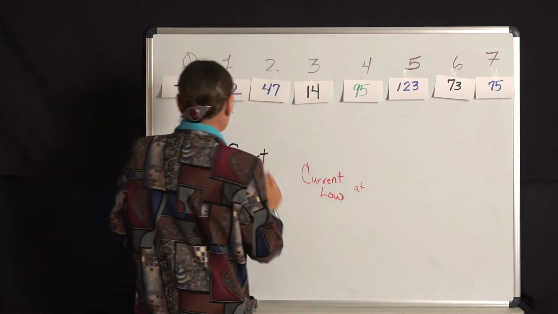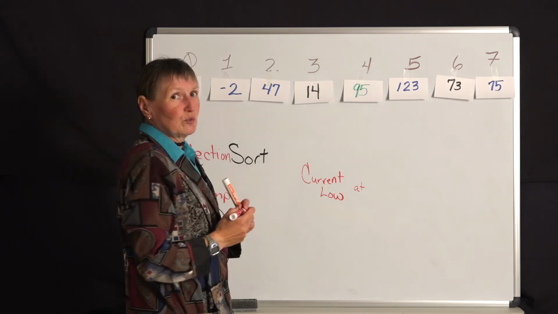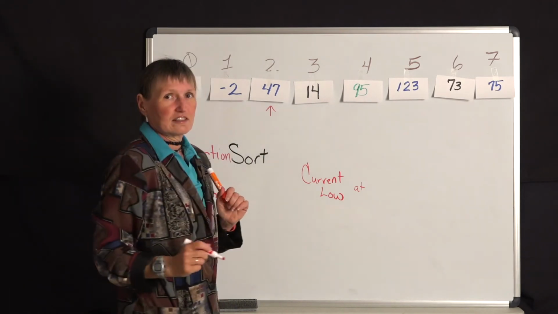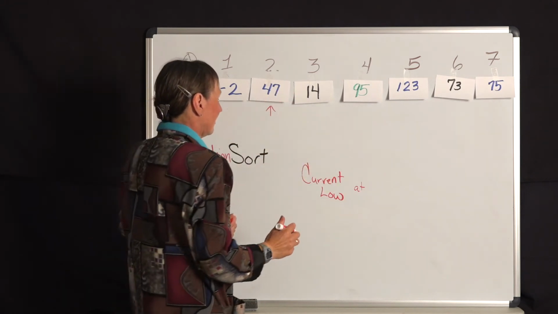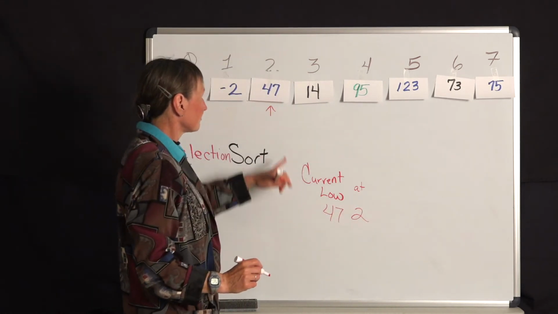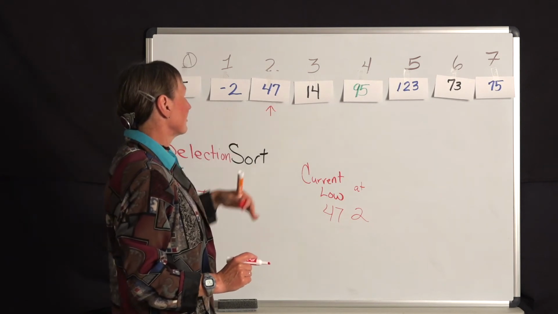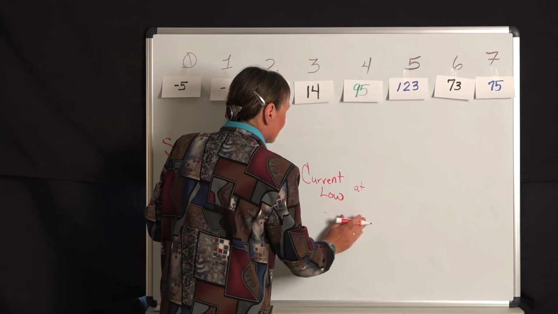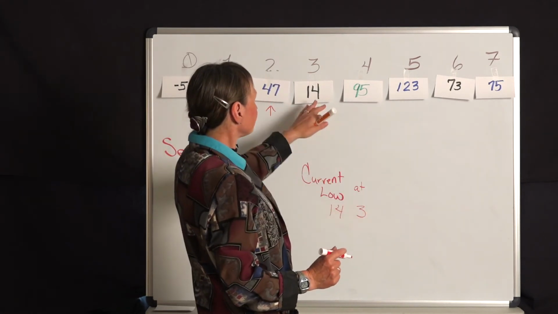And then, instead of starting here, we start here. So we're now going to say, okay, we have 47 at location 2 as being our lowest value. And then it next gets superseded by 14 at 3.